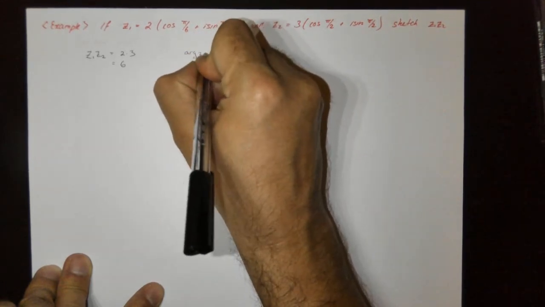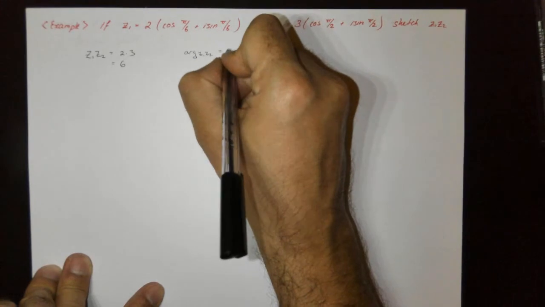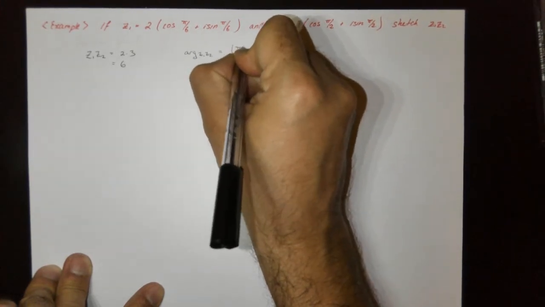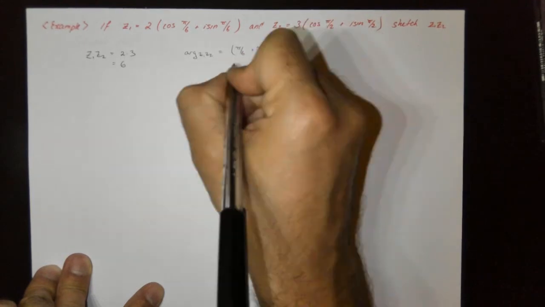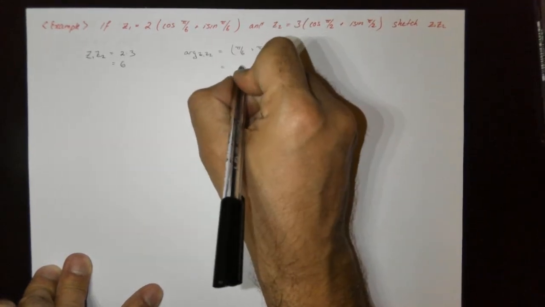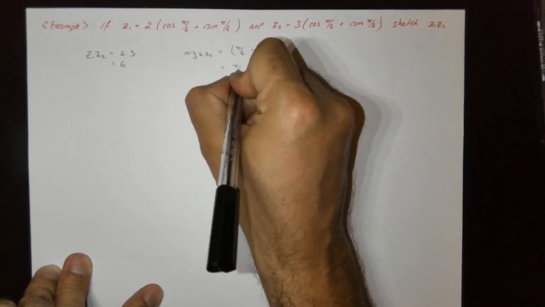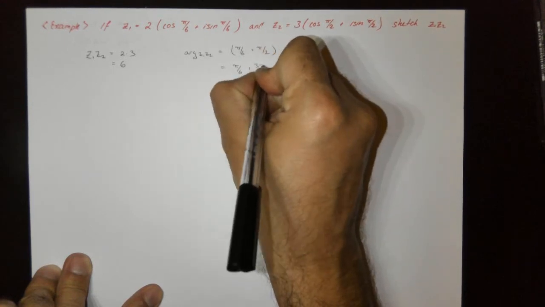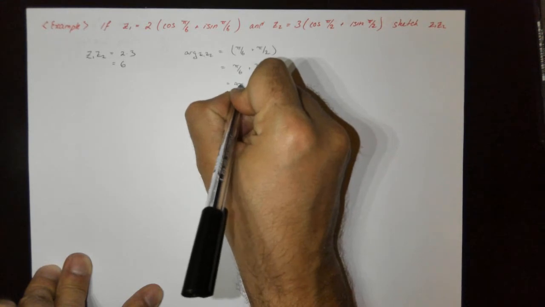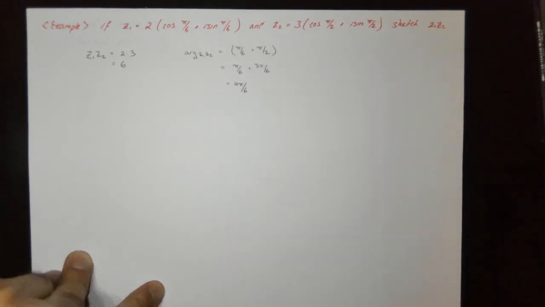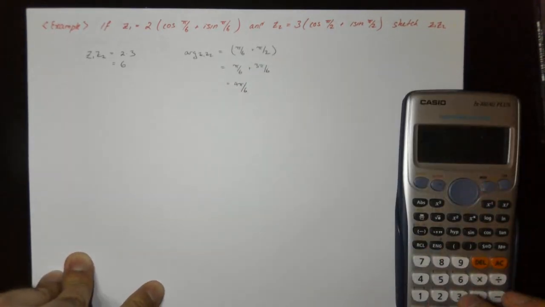The argument of Z1 Z2 is pi on 6 plus pi on 2. So that's pi on 6 plus 3 pi on 6, so it's 4 pi on 6.